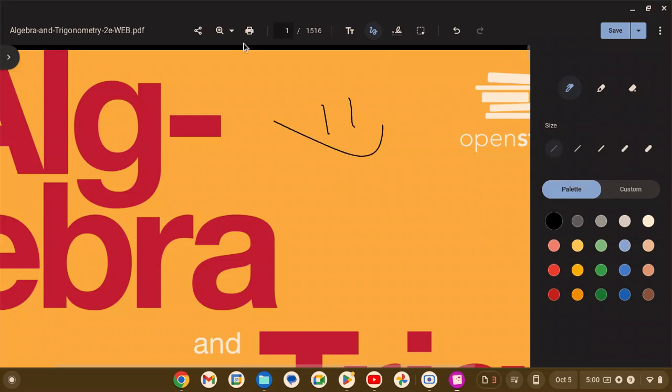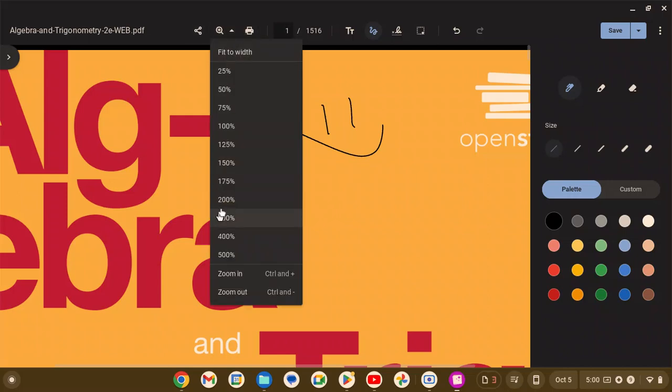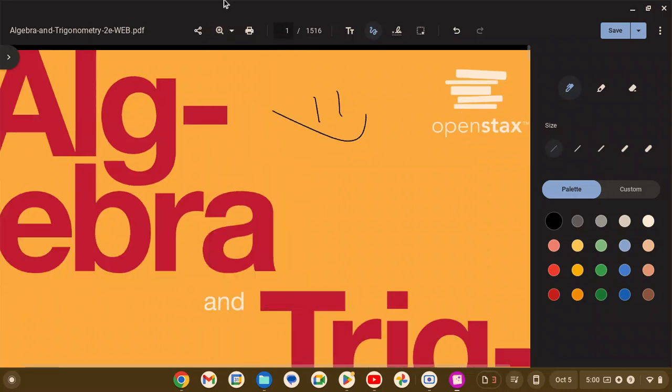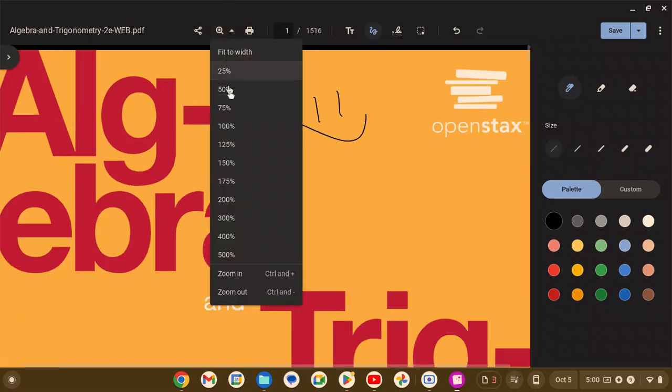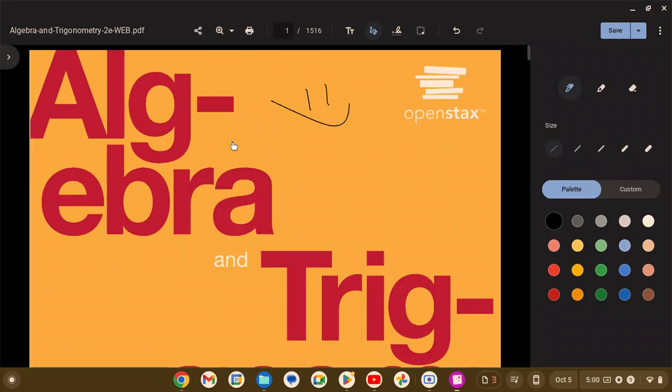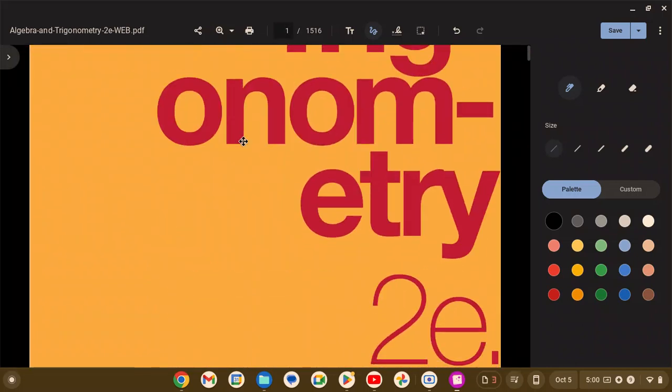Smiley face. So let's go ahead and zoom out a little bit. 175. Yep. 150. 125. Yeah, that looks good.